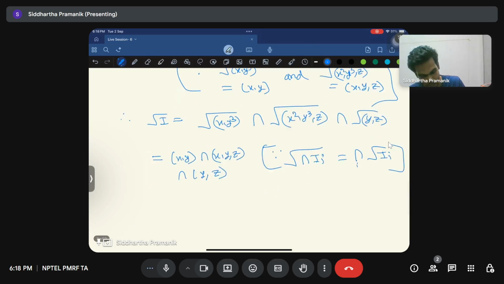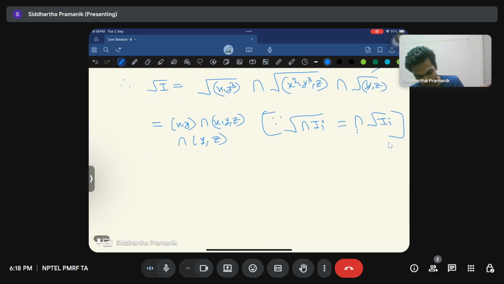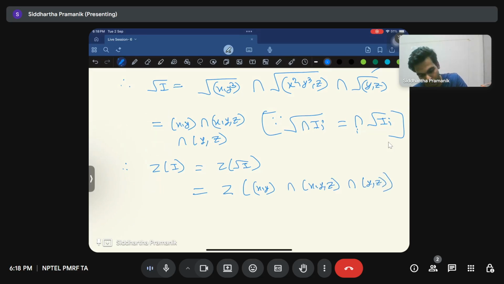So now we need to find Z of I. We know from the properties that Z of I is the same as Z of radical of I. So this is the same as Z of (x, y) intersection (x, y, z) intersection the ideal (y, z). Now if we take the intersection out, it will become union by the properties we have seen in the earlier lectures.